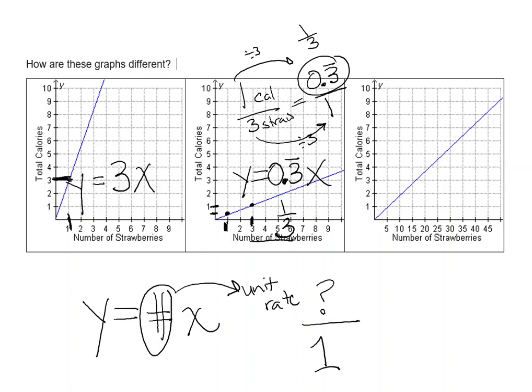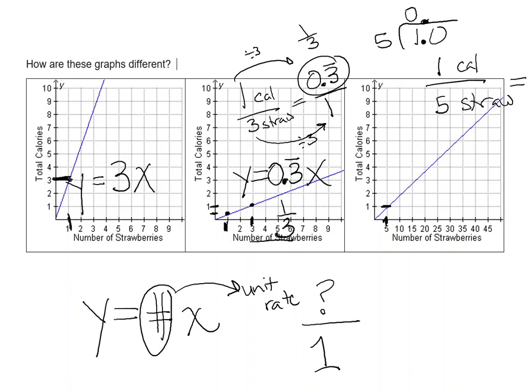So you'll notice on this graph, we don't start with 1, we start with 5. And 5 strawberries have 1 calorie. So number of calories per strawberry, it's 1 calorie for 5 strawberries. 1 divided by 5 is 0.